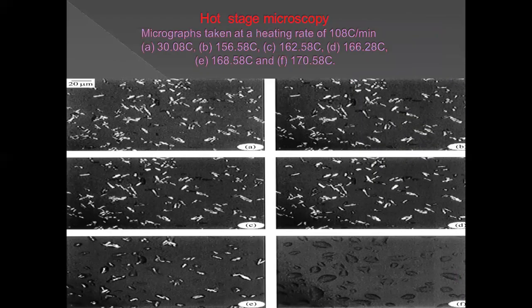What we do next is hot stage microscopy, for characterizing whether a sample is polymorphic or not.